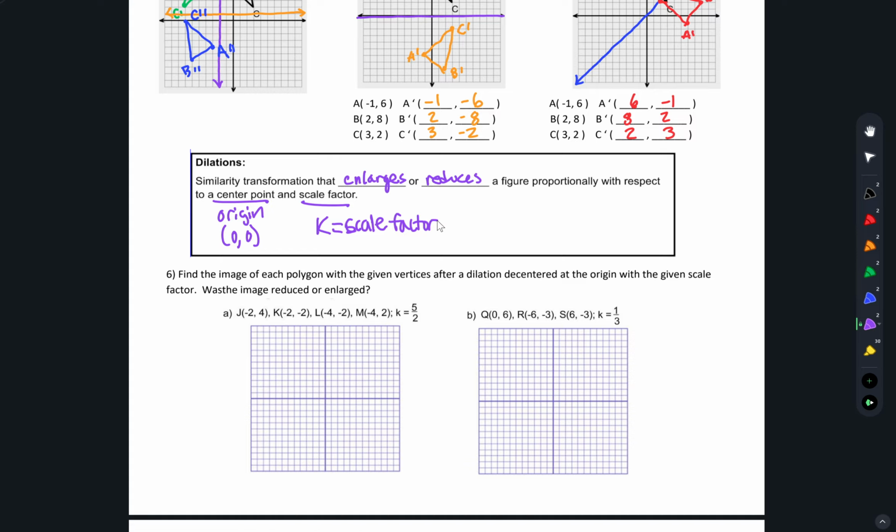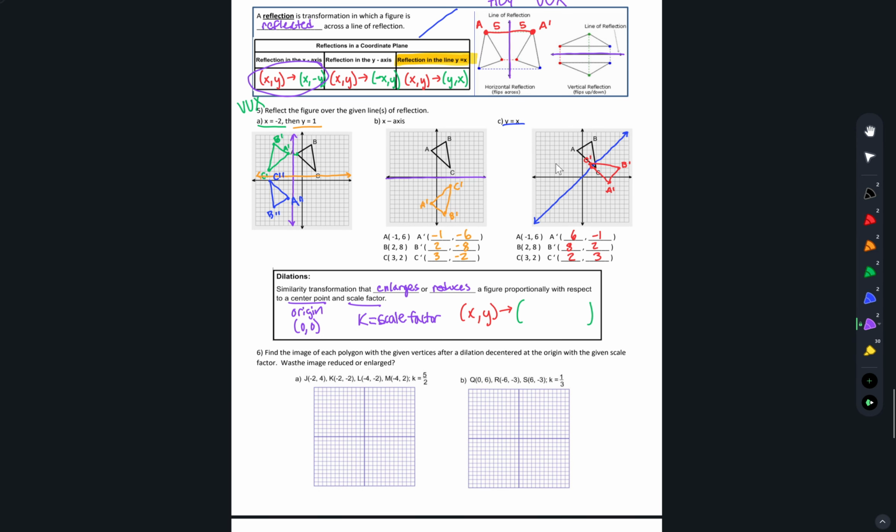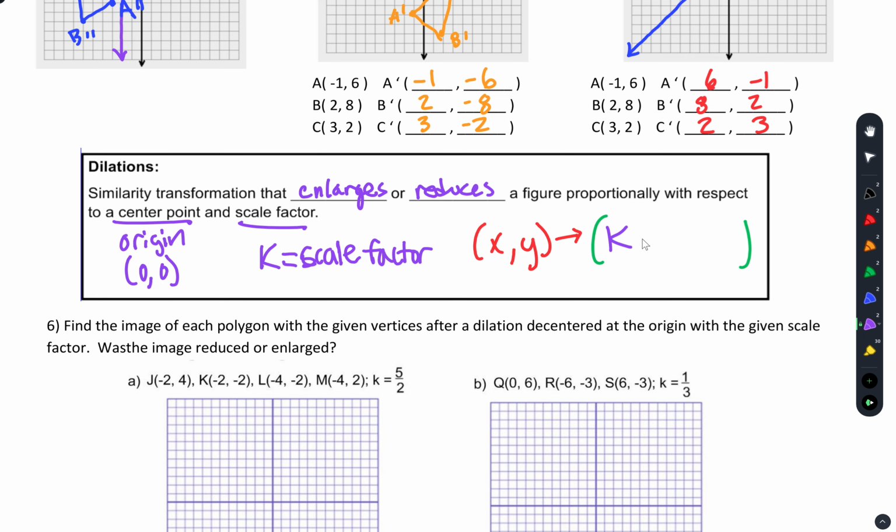Transformation functions for dilations are pretty straightforward. We take that original pre-image, of course, once again, and to get to our image, we multiply the x and the y values by our scale factor K. So instead of x, y, it will look like K times x and K times y.